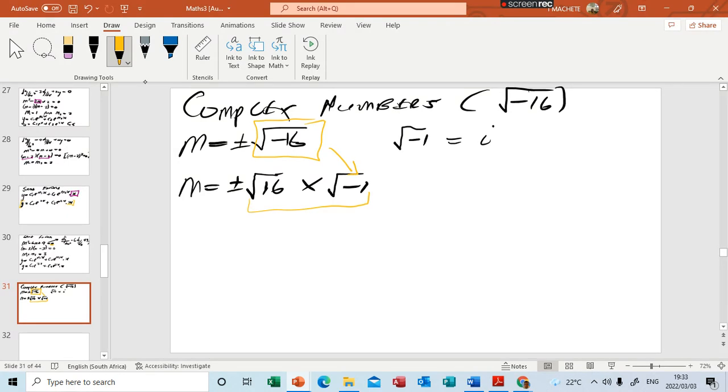So you say plus or minus, the square root of 16 is 4, and then instead of the square root of -1, you put i. That's your imaginary or complex number. That's how you do it.